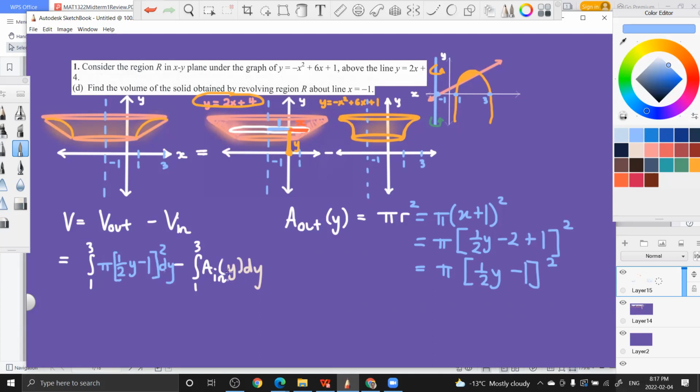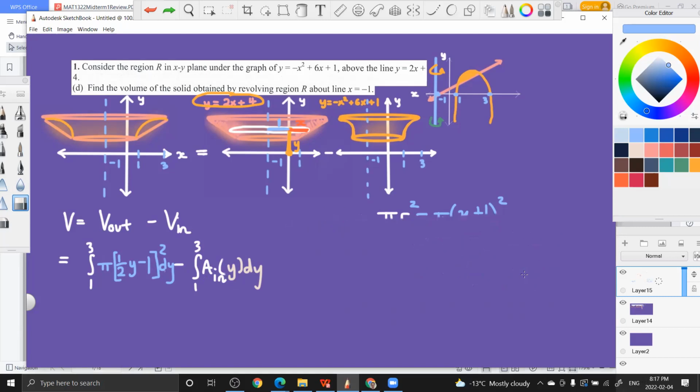Okay, now let's find A in. I think someone asked about A in, so I'll show you how to do it. We draw our cross section. You can pick anywhere, it doesn't matter. It is also a circle. The distance from the origin to our cross section is y, always remember that, and the distance from here to here is x.